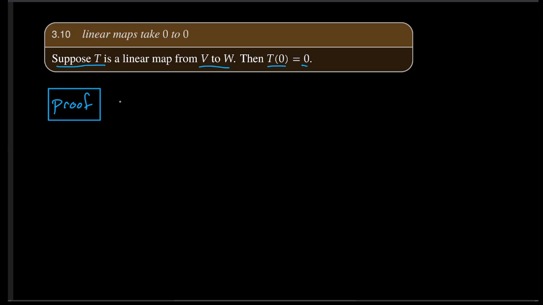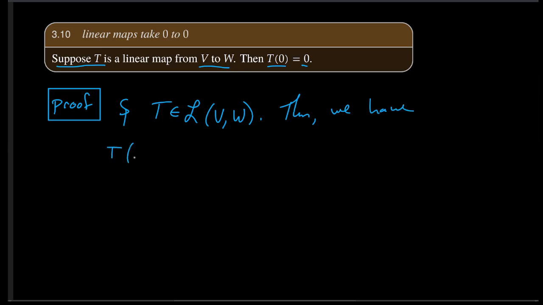So, suppose that T is a linear map from V to W. Then we have, I will write it this way, T of 0.